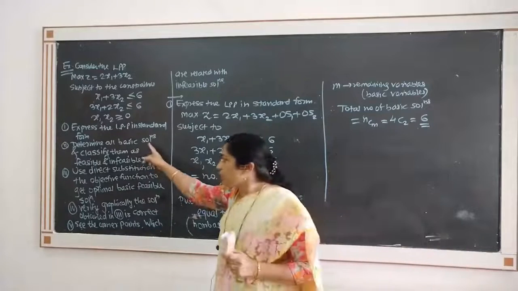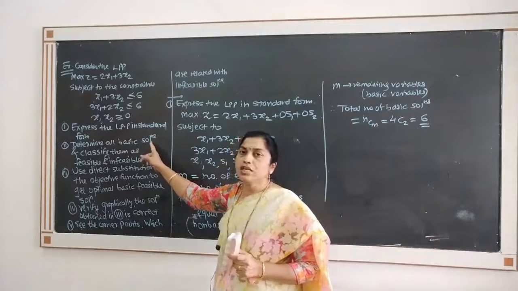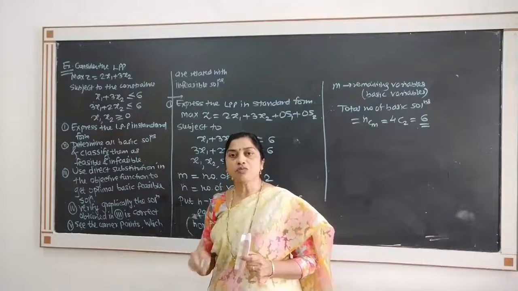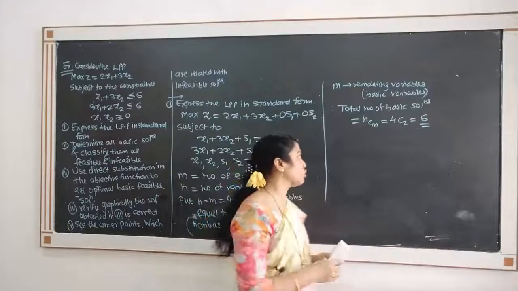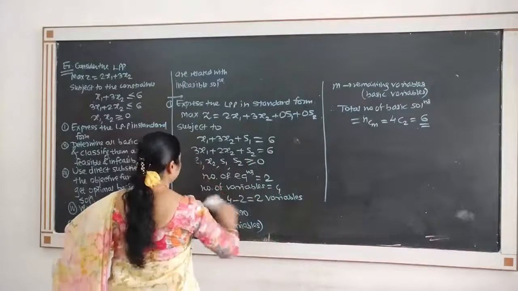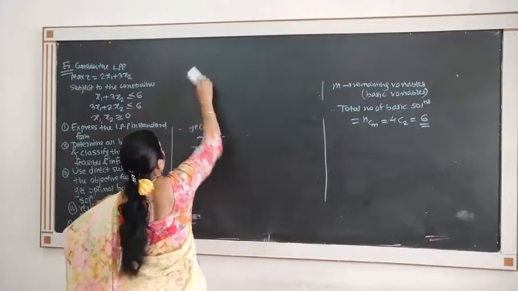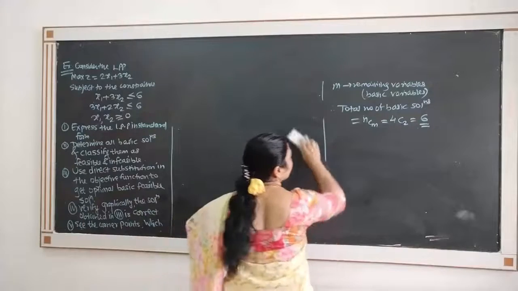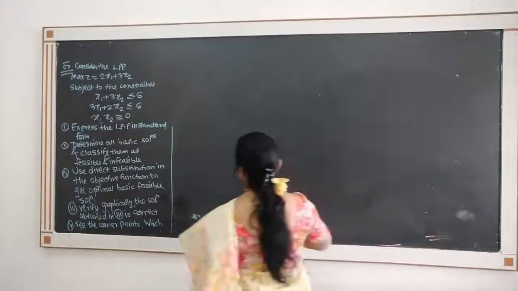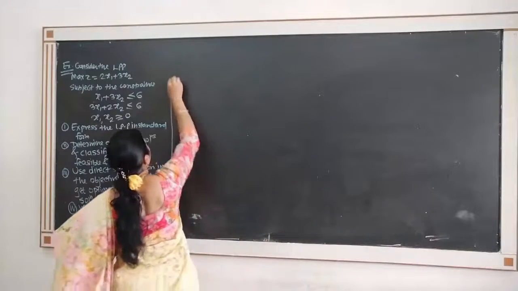We want to determine all those basic solutions and then classify them as feasible or infeasible solutions. So let us start. Consider the table.